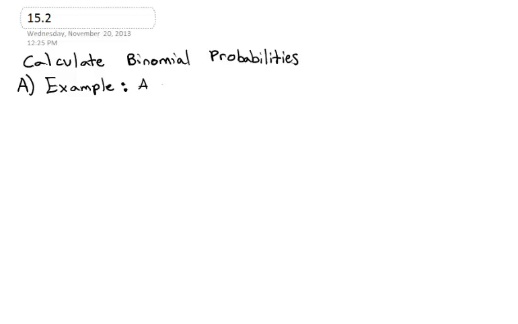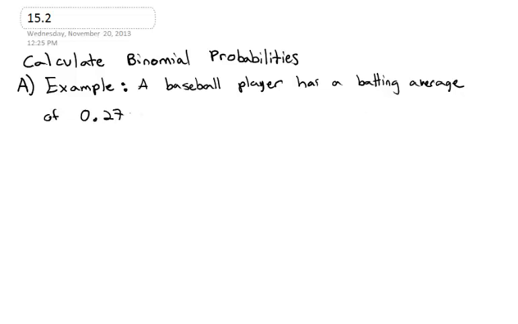Let's say I have a baseball player who has a batting average of 270, sorry, not 2,700. Batting average of 270 means he gets a hit 0.270 of the time. 270 out of 1,000 at-bats, he'll get a hit.